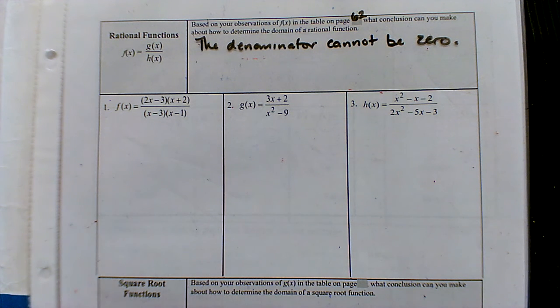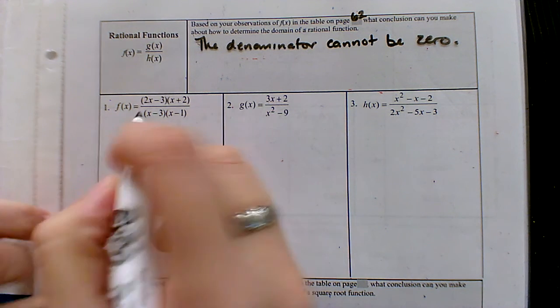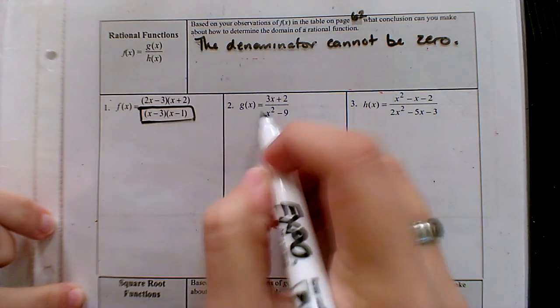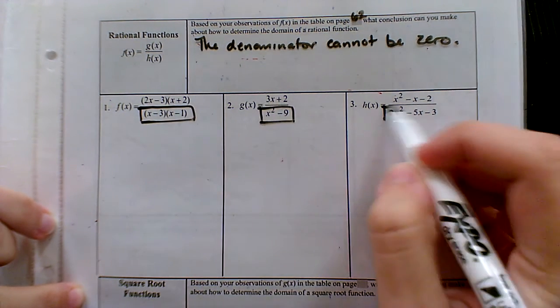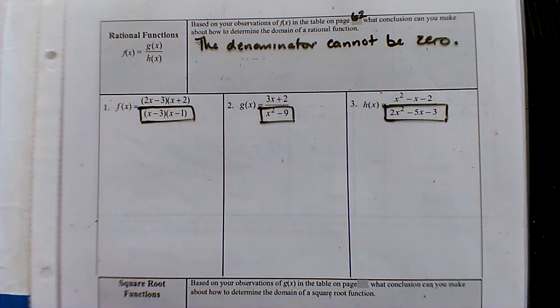Every single other number is. It's just the ones that make the denominator 0 that are not. So we are going to pay close attention to the denominators of these fractions. We don't really care about the tops just yet. We'll get to that a little bit later in this unit, but right now we're just going to focus on the denominators.